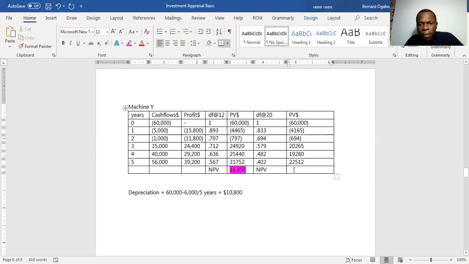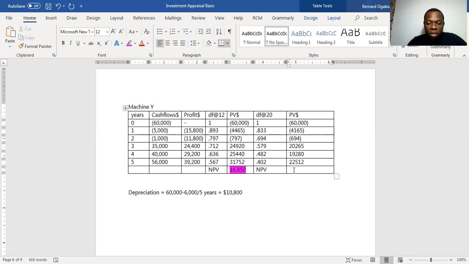So the second NPV is minus 60,000 minus 4,165 minus 694 positive 20,265 positive 19,280 positive 22,512.